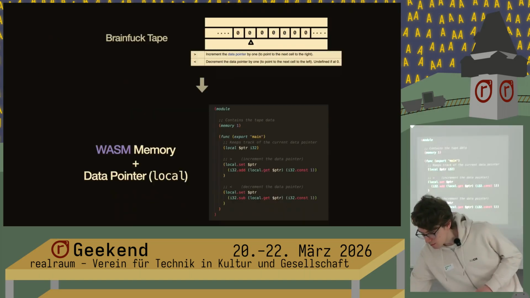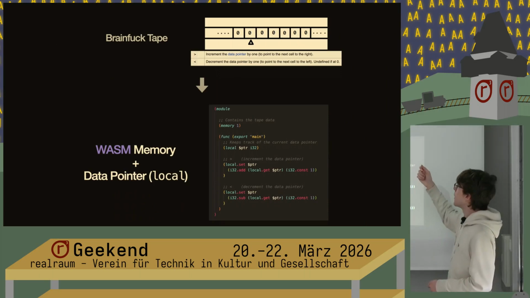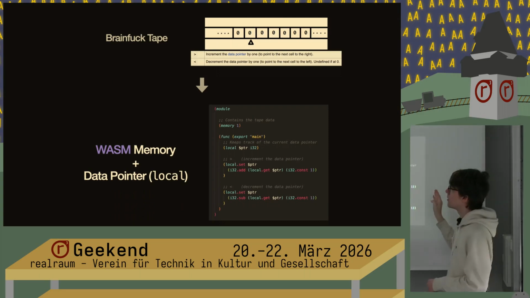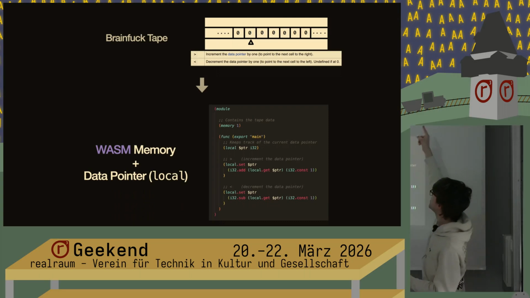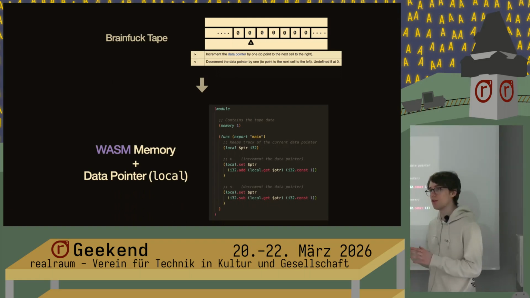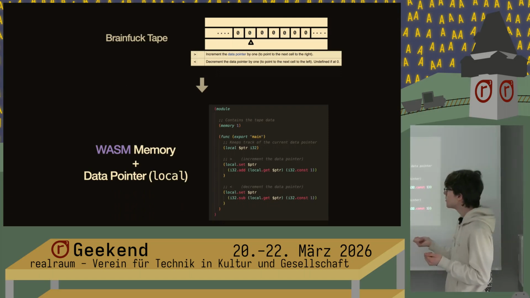So how do we map, for example, the Brainfuck tape, in which you have this pointer that can move left and right? Well, we can model that with the WebAssembly memory. As we said, in WebAssembly, you have this concept of a big array that you can just write and read whatever you want.